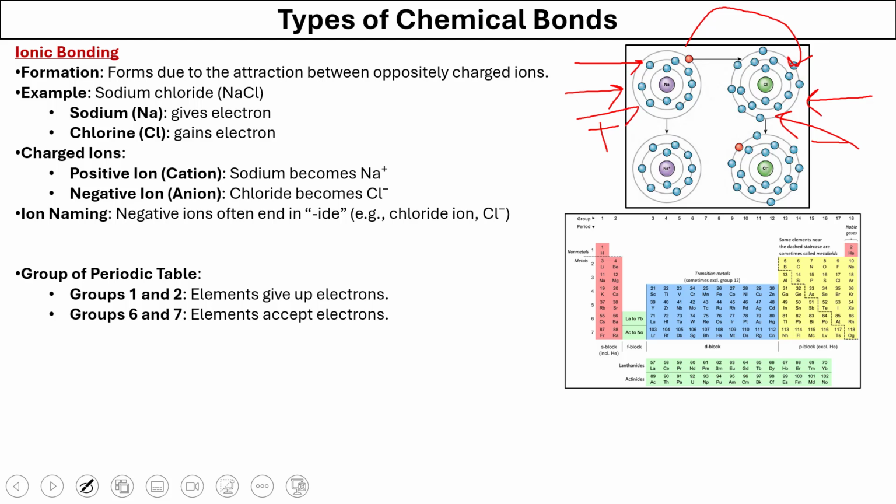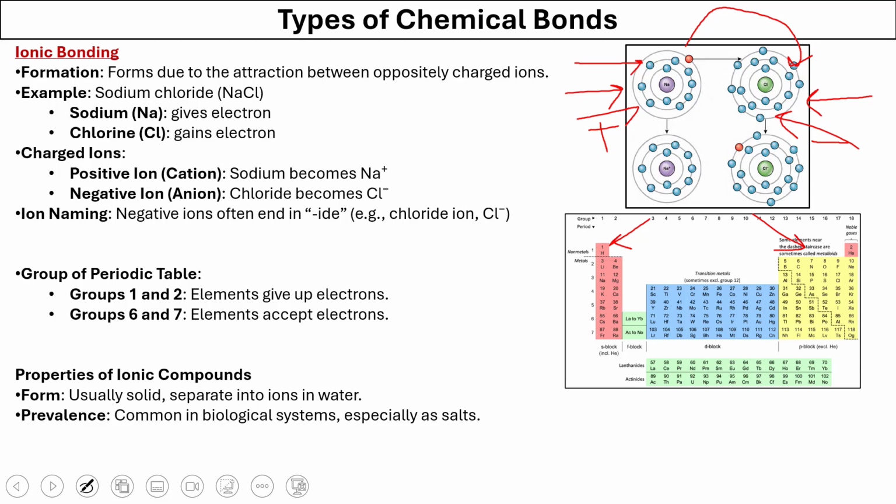This periodic table gives you an idea that the elements on this side have better chances of giving away their electrons, and the elements on this side have better chances of taking up electrons from the other elements.